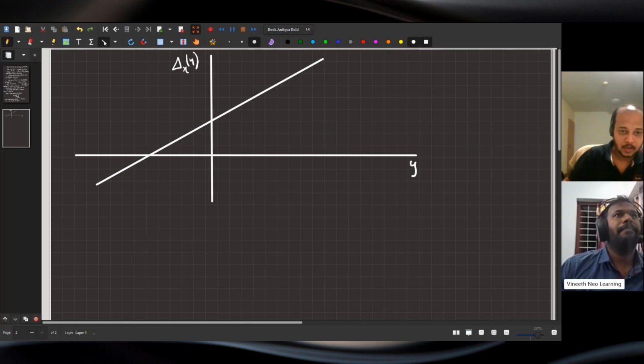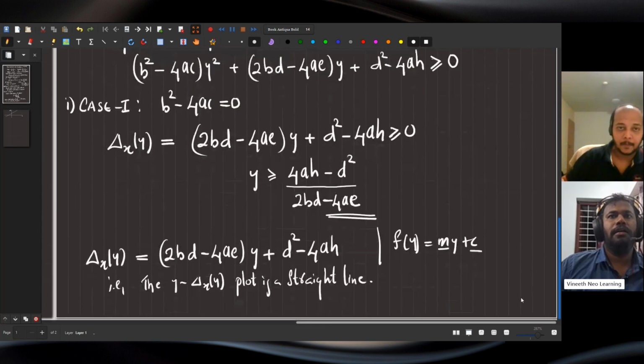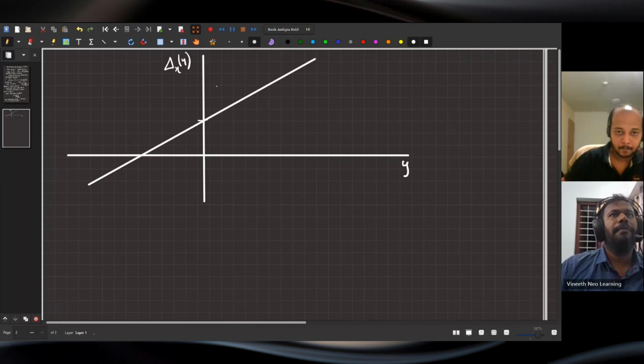This is the y-intercept. What's c here? What's d squared minus 4ah? Yes, d squared minus 4ah.